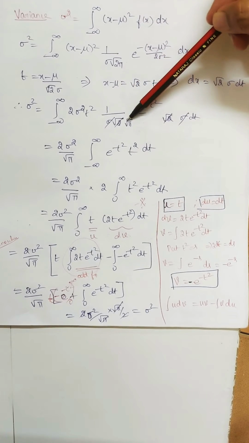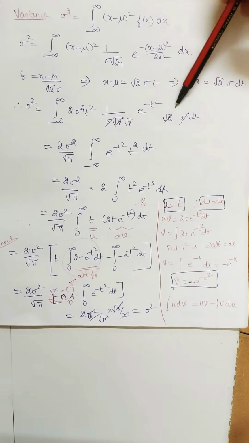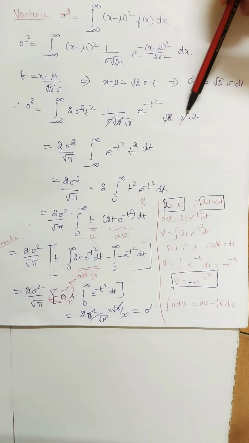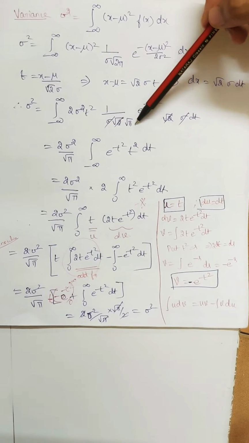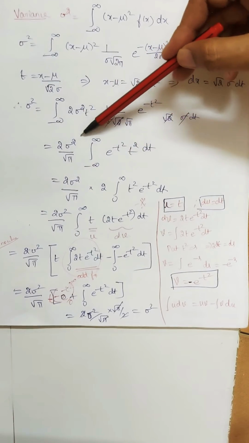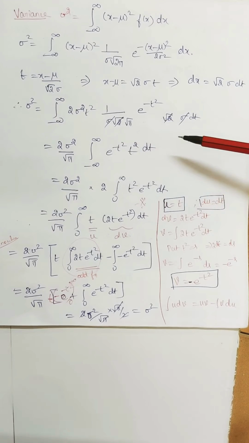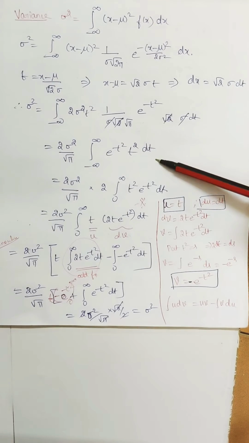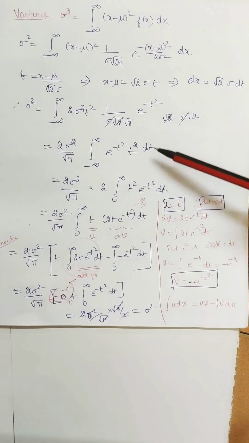This constant I have written as it is, and dx we know, substituted this. Root 2 will get cancelled, sigma will get cancelled. Only 1 by root pi will be here, and already 2 sigma square is there. Take out all the constants outside and keep only t terms inside, because we are integrating with respect to t. So e power minus t square into t square dt.